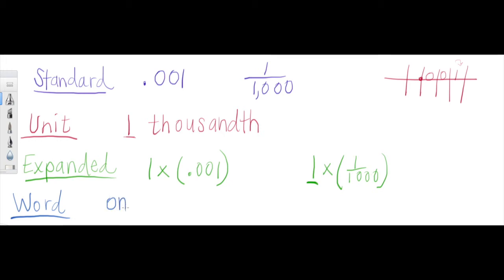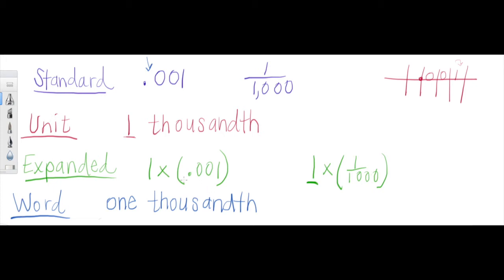Word form, as you guys know, I think everyone should be pretty comfortable with this, is just writing out in words how this number is pronounced. Word form can contain only words. Unit form, yes, contains words, but you'll use a digit to note how many copies of each place value you have. Okay, so we have standard, unit, expanded, and word.